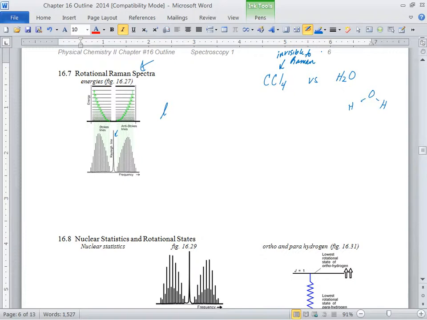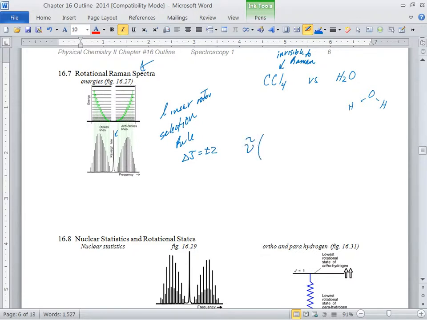Okay, so we're going to write down the linear rotor selection rule. This is the only one they gave us, so this is the only one we're going to worry about. Or maybe this is the only one that the homework cares about. So delta J is plus or minus 2 now, because we're talking about Raman.